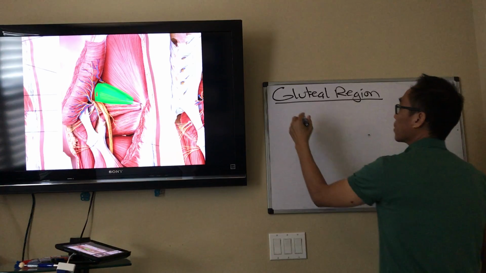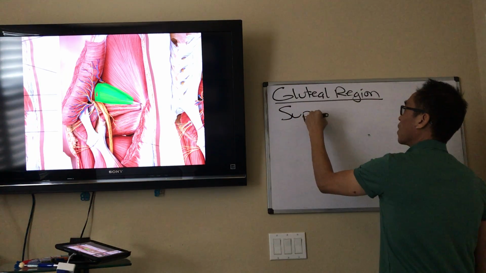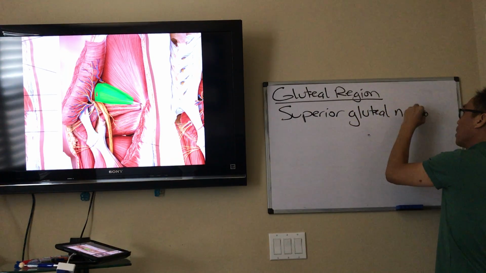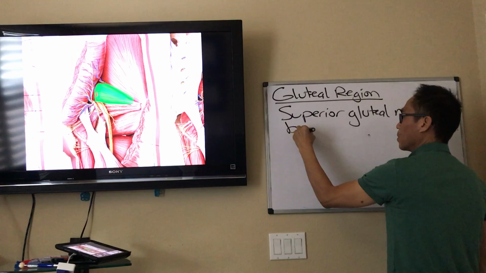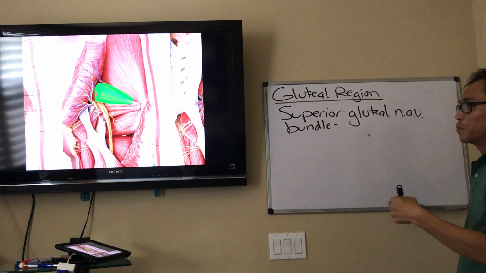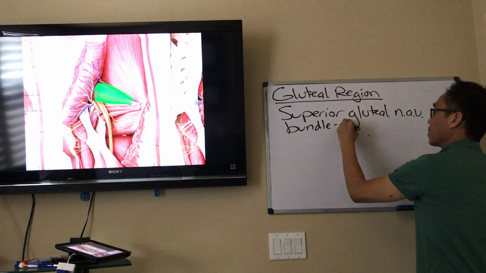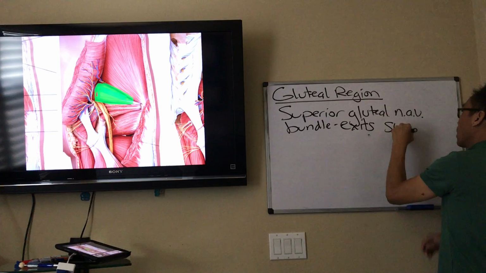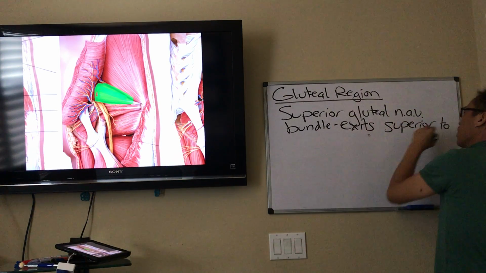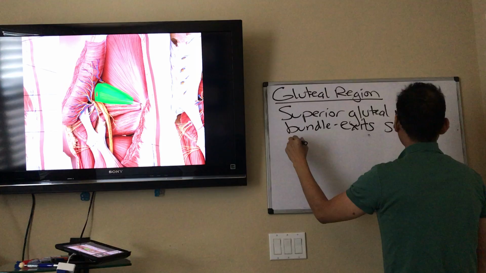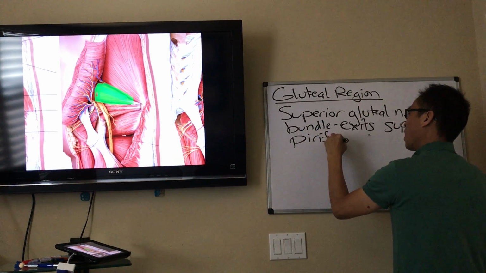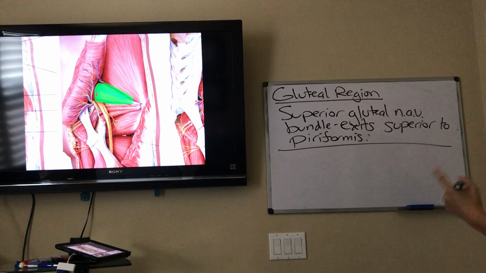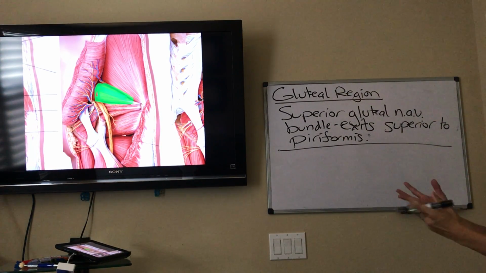You have superior gluteal NAV, nerve, artery, and vein bundle, exits superior to the piriformis, the green muscle. Likewise, inferior gluteal nerve artery vein bundle exits inferior to the piriformis.